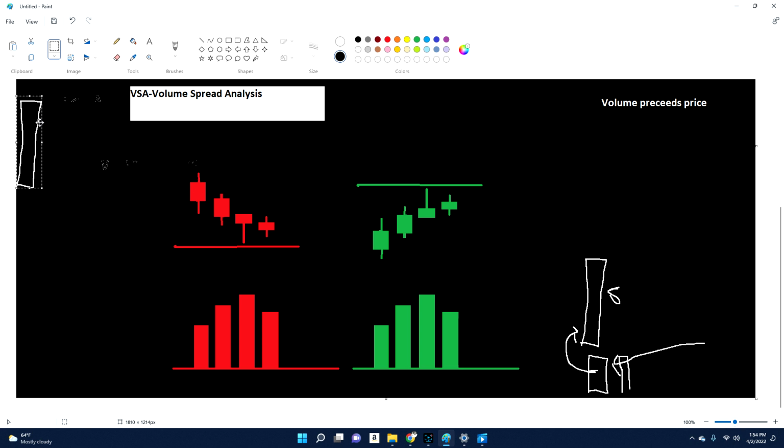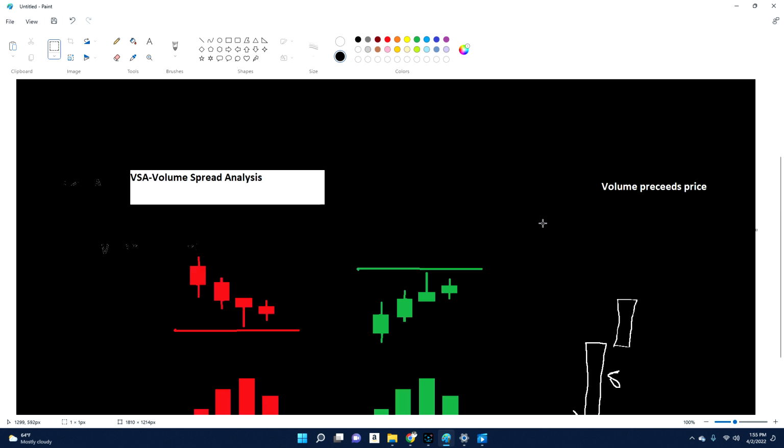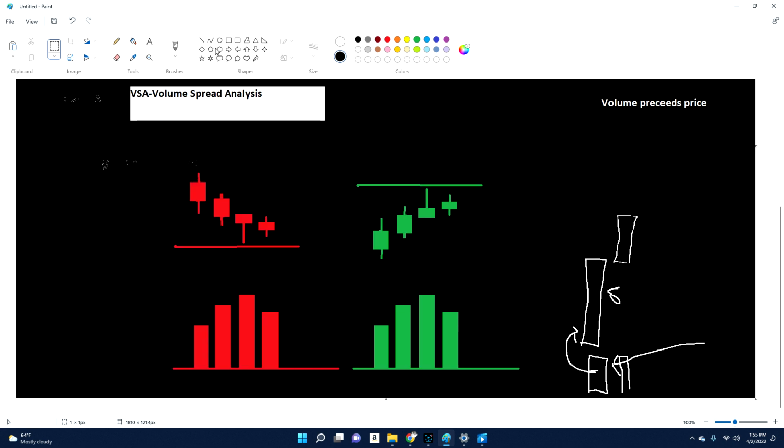Instead of you getting this big old bar again on the top, you don't get this bar. You get this bar here. This is a problem. This is a red flag because not only was your volume bigger, which you want to see when you're going up, but the amount of effort was more and you got less of a result out of it.